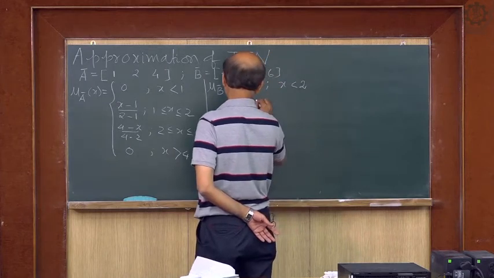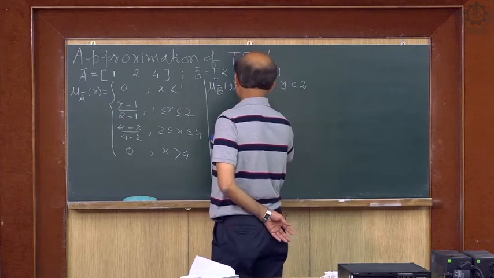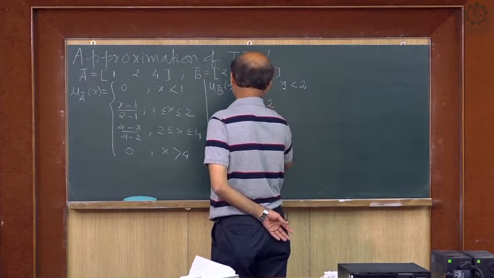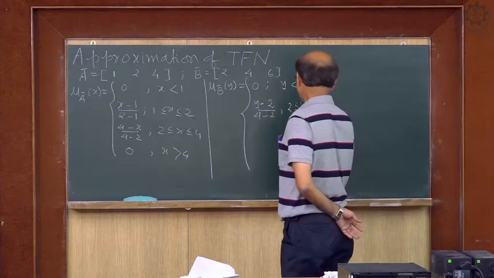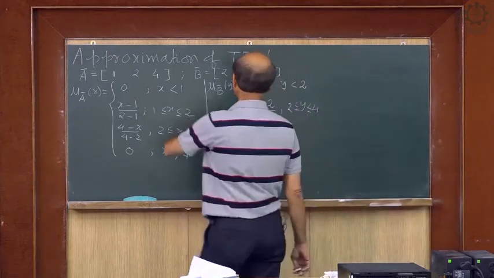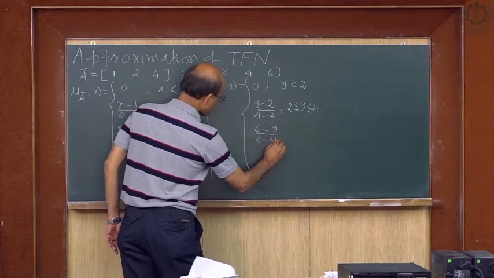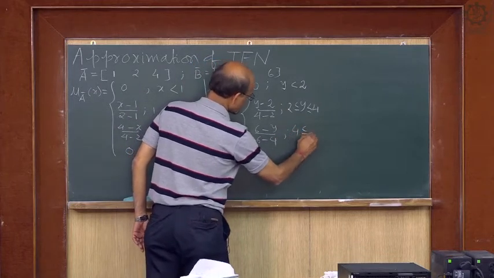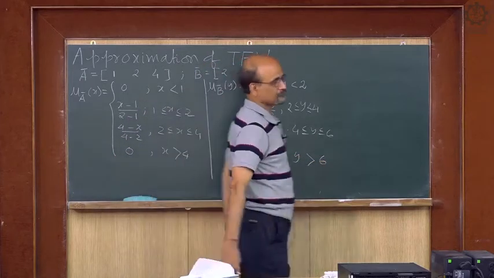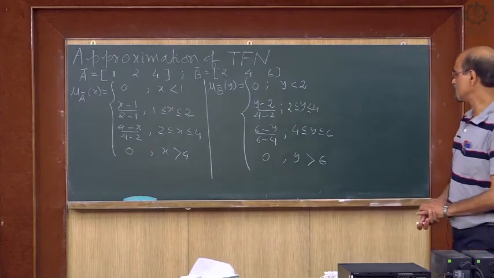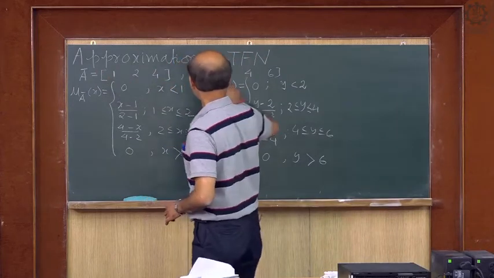Then y minus 2 by 4 minus 2 for y lying between 2 and 4, then from 4 to 6 it is 6 minus y by 6 minus 4, and 0 when y is greater than 6. These are the two membership functions for the triangular fuzzy numbers A bar and B bar.